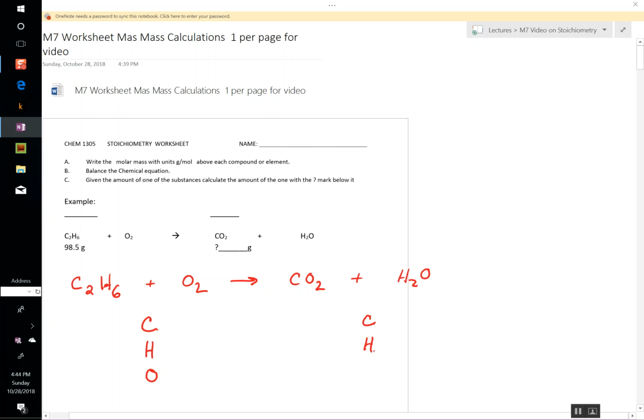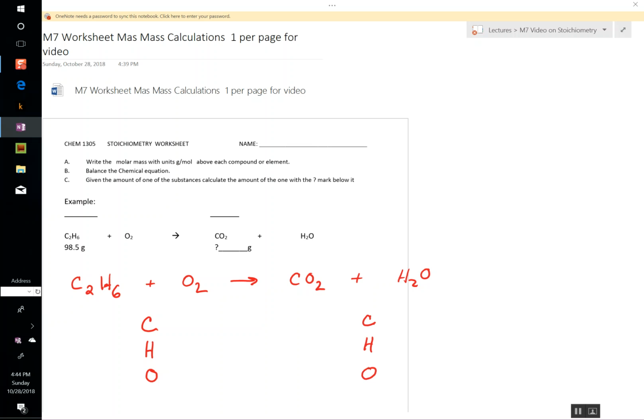And so I'm writing those three elements on the reactant side and the product side of this equation. Those are the only three elements represented.